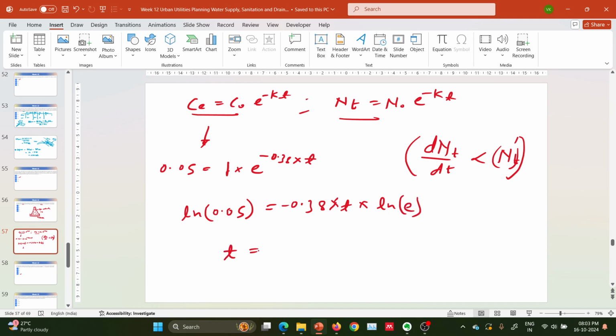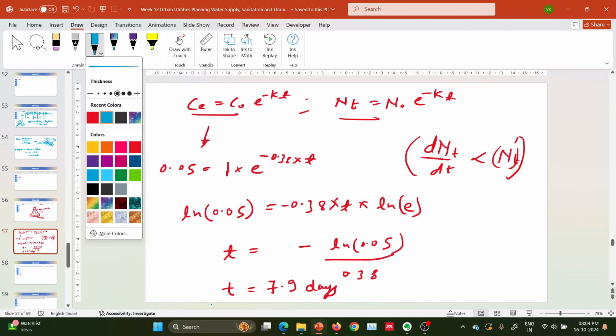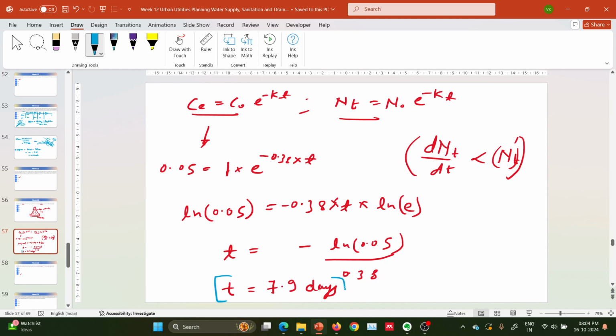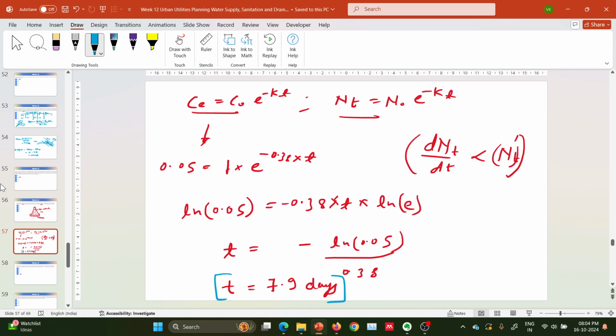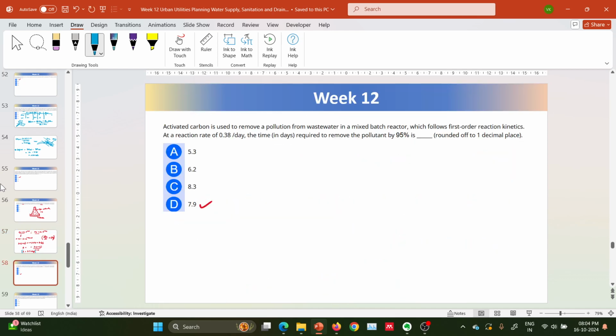So t will be minus ln 0.05 divided by 0.38. If you solve it, you will get time as 7.88 or 7.9 days. This is the answer.